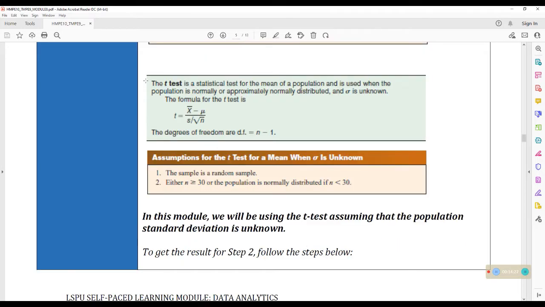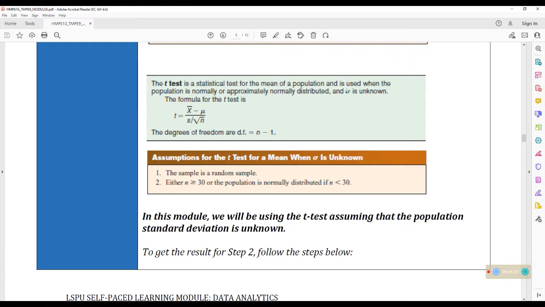Sa t-test naman, ito yung mas madalas natin ginagamit kasi ang assumption lang dito, mamaya natin sabihin yung assumption. So, the t-test is a statistical test for the mean of a population and is used when the population is normally or approximately normally distributed and the population standard deviation is unknown. So, kahit hindi ka mag-refer sa mga previous na researches, okay lang.